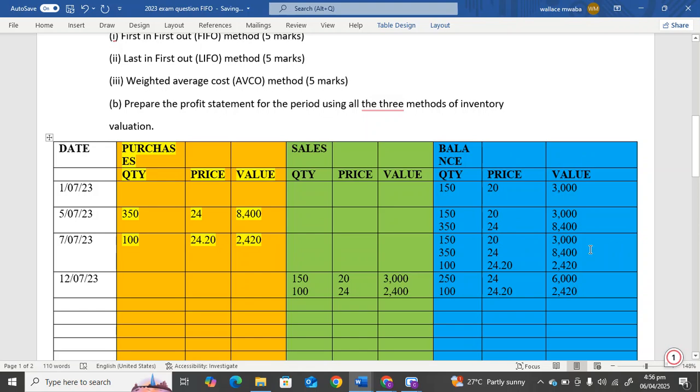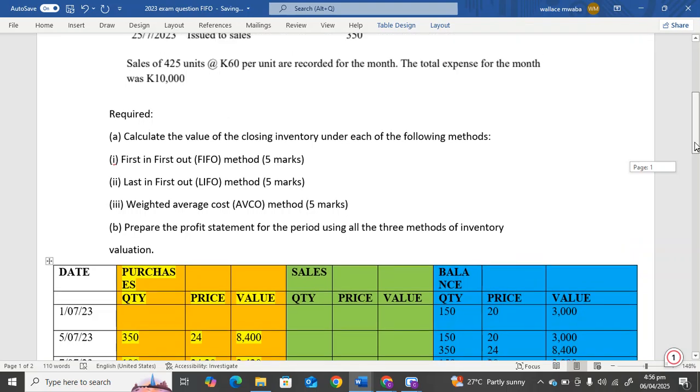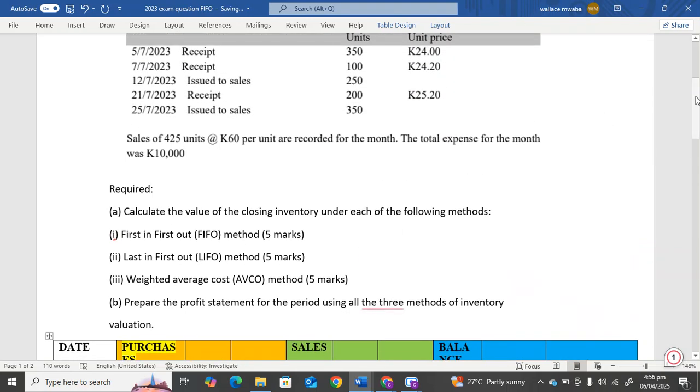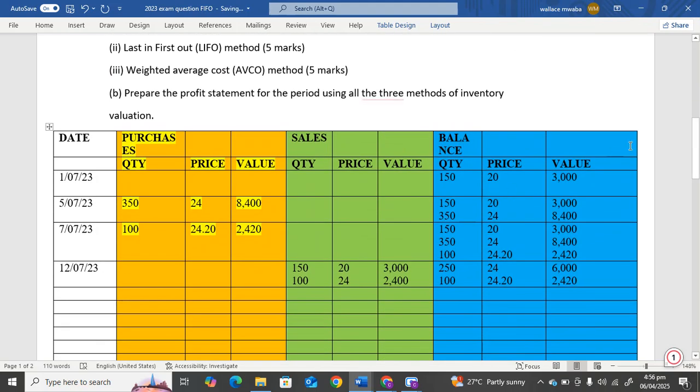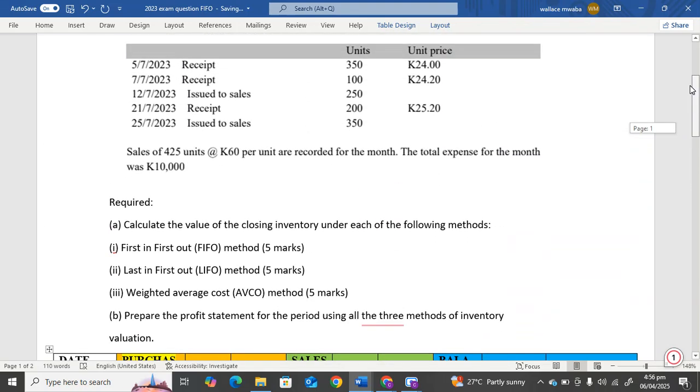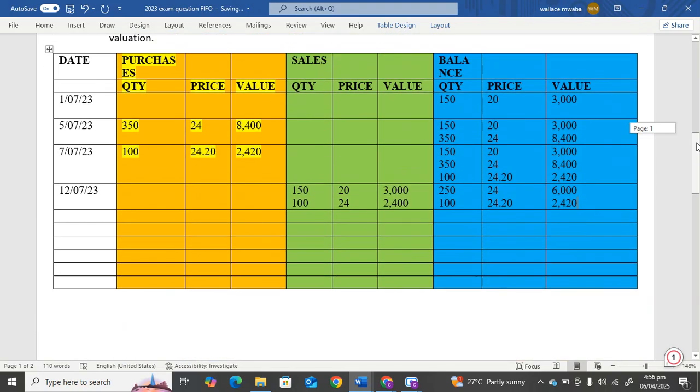So we've done the sale. The next one is we buy now 200 goods at 25 kwacha 20. The date here is the 21st.